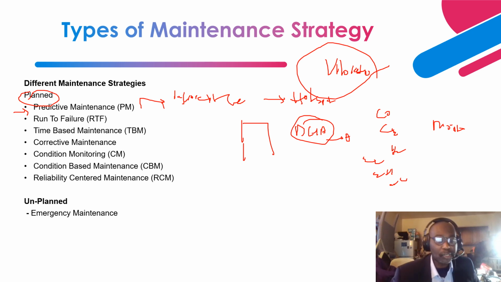transmission system. Next is run to failure, right? Run to failure is usually implemented for assets that have a low criticality, that is, at the bottom of the classification level, right? So it means that they are not so important equipment.